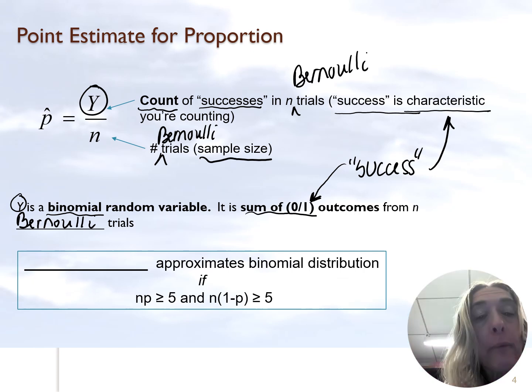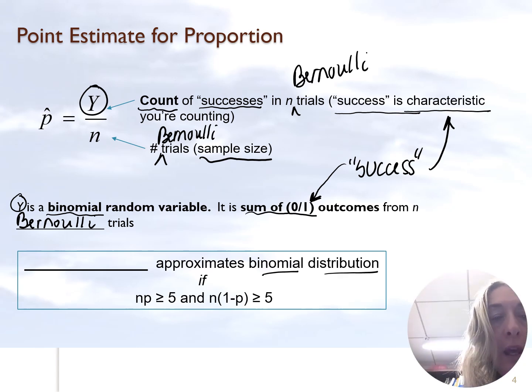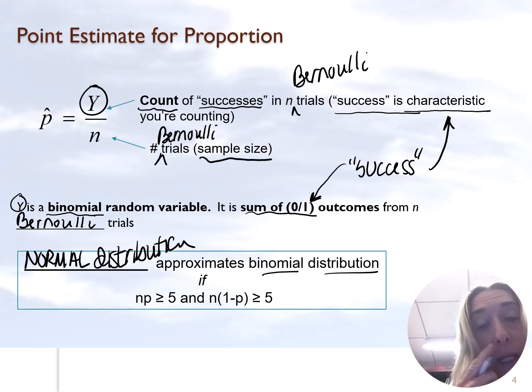Now, there's actually a distribution that we've gotten very familiar in working with that is often used to approximate the binomial distribution. That distribution is the normal distribution. We can do this approximation if the following two conditions hold.